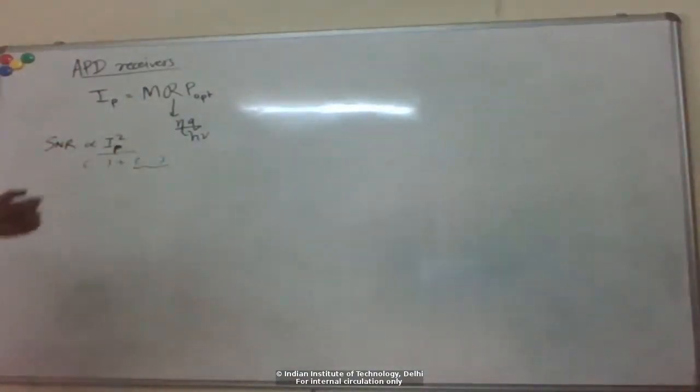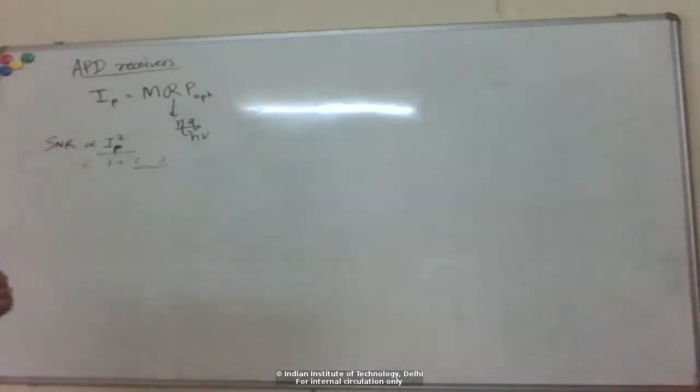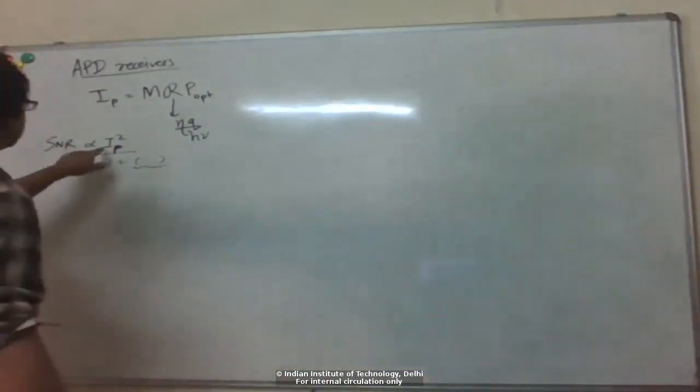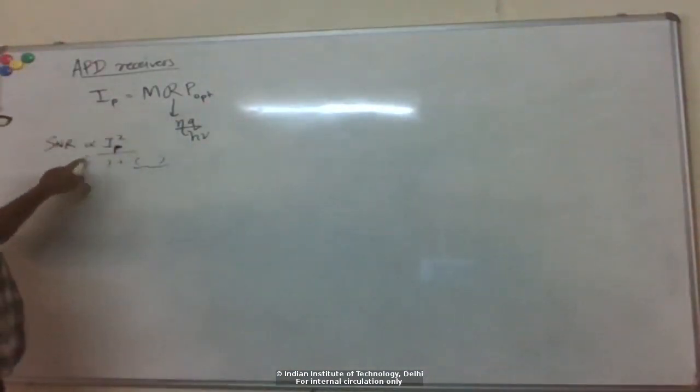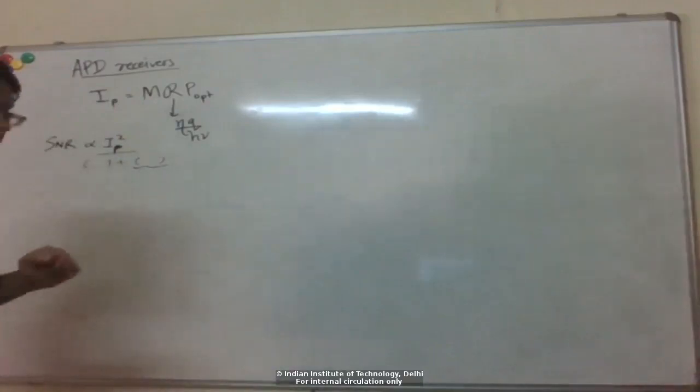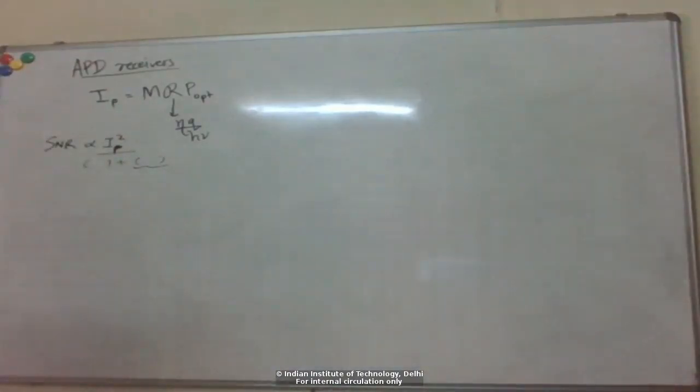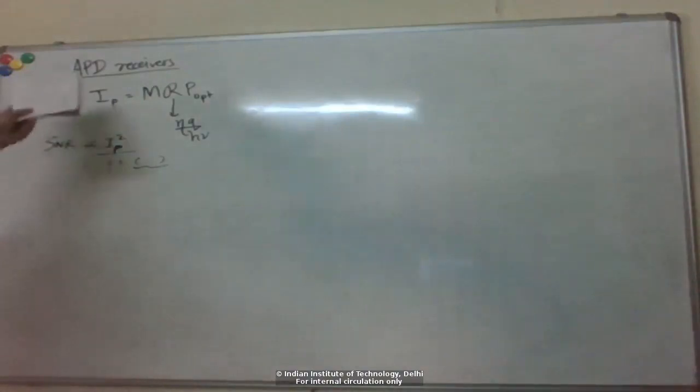So you can see that the SNR will go up by a factor of 100 or more. But the point is that because the photocurrent is going up, the shot noise is not negligible anymore. So the enhancement in SNR is not as good as we would expect.